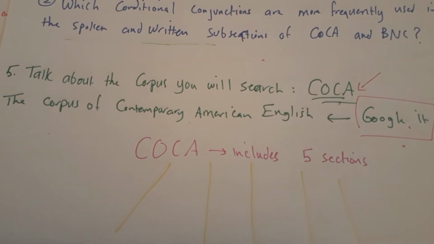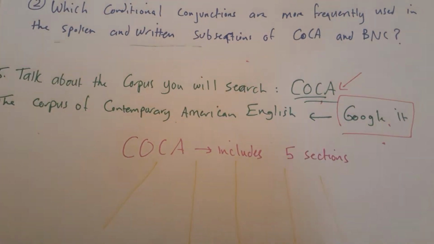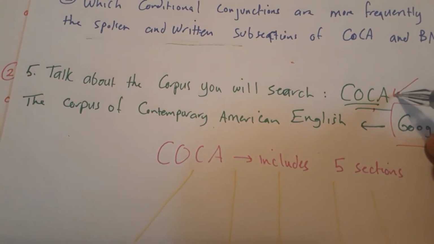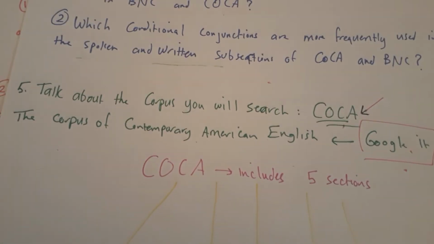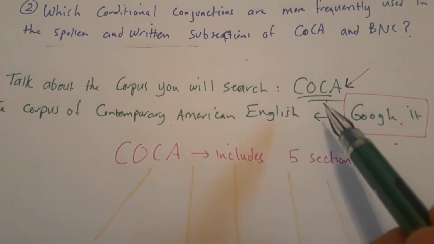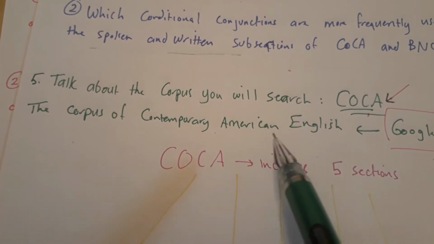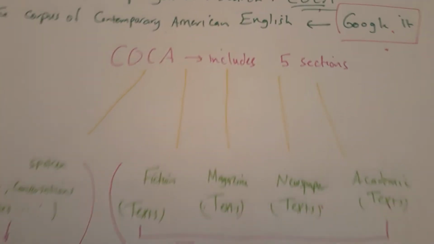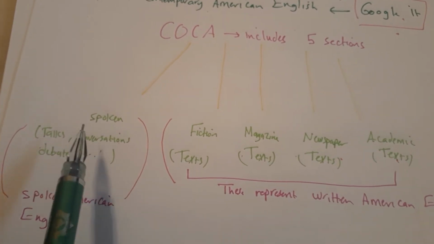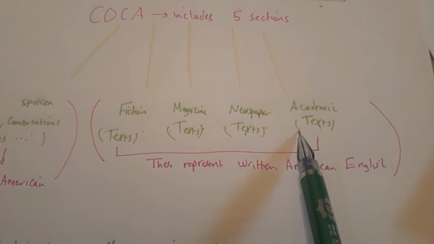Another important point you have to mention in your introduction is the corpus you want to use as a source of your data. So we will talk about COCA. Please Google it, which is the Corpus of Contemporary American English. This corpus includes 5 sections. We have spoken, fiction, magazine, newspaper, and academic.